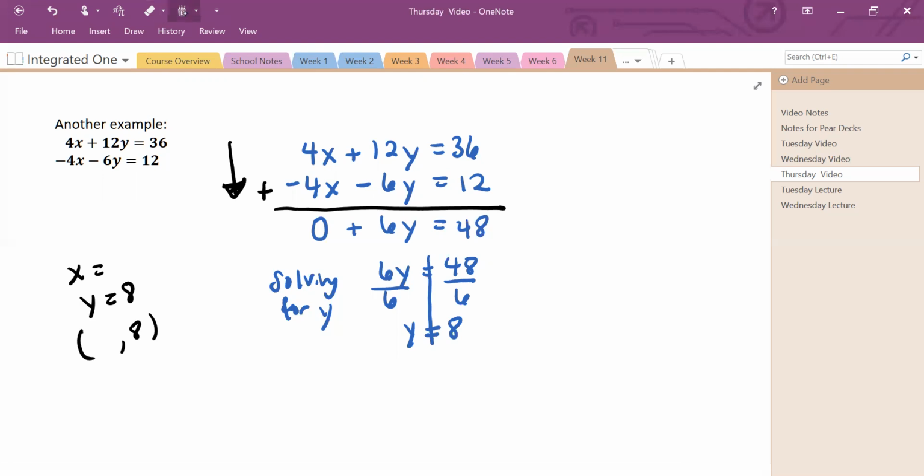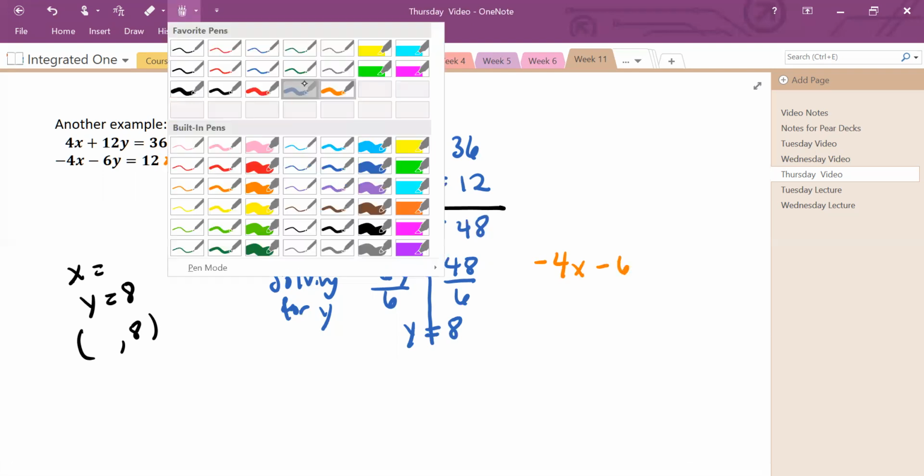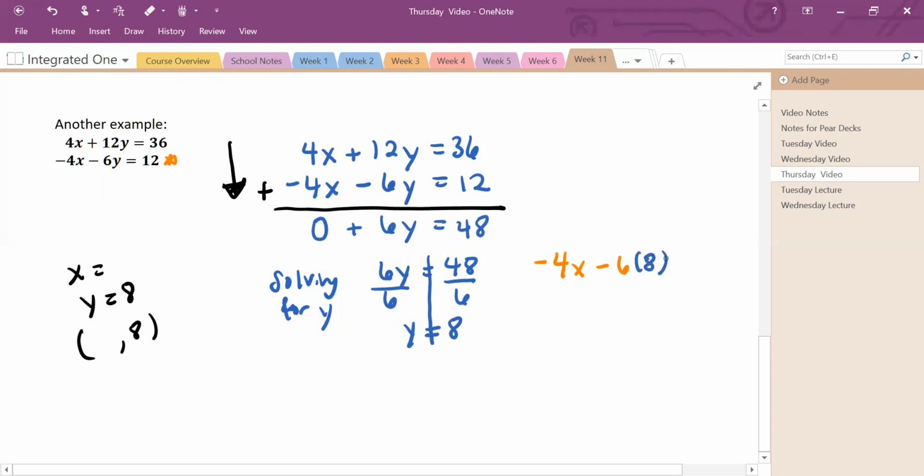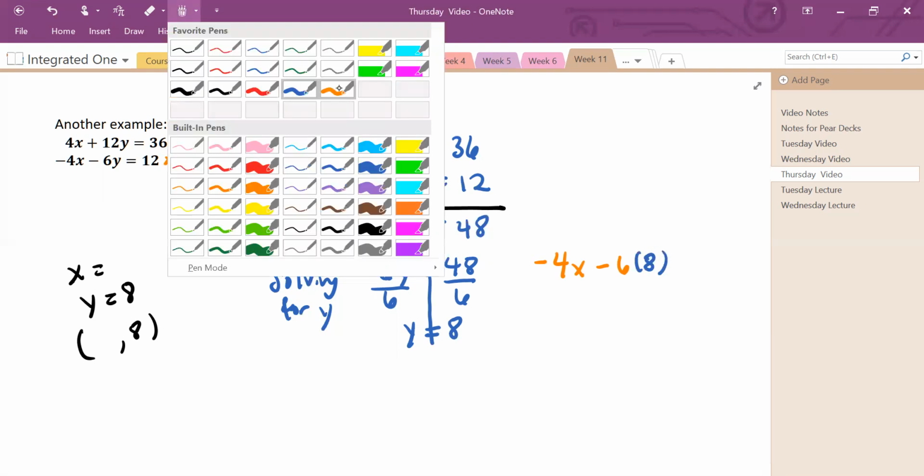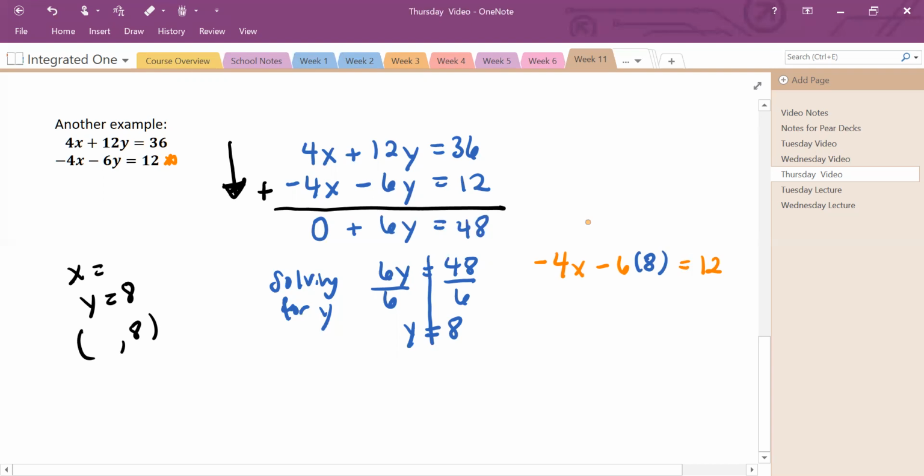So I'm going to use one of my equations. It doesn't matter which one, I'll just use this bottom one here. So I have negative 4x minus 6 times y. Now remember, I know what y is. My y is 8, is equal to 12. And here I'm solving for x, right? So I have negative 4x minus 48 is equal to 12.